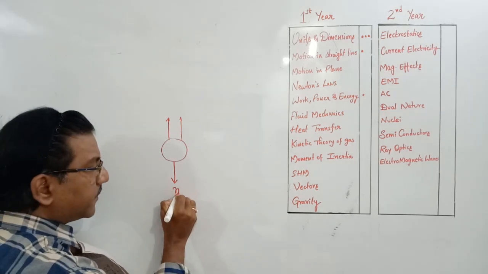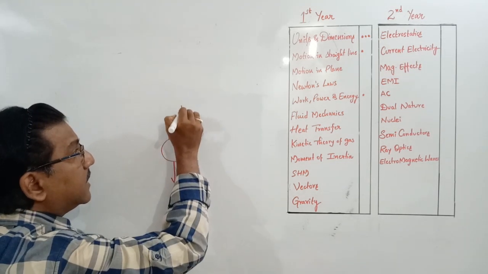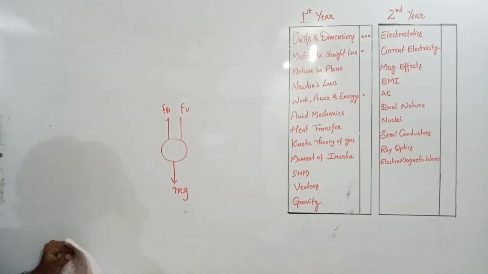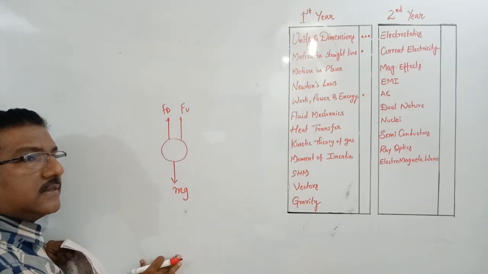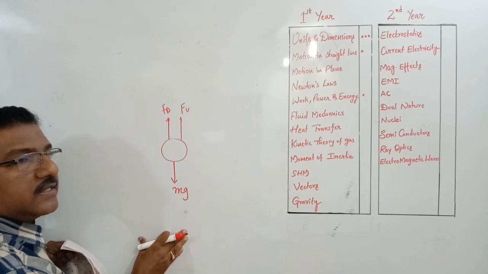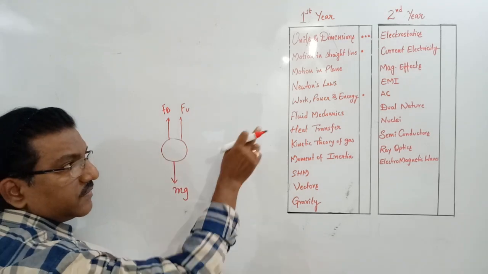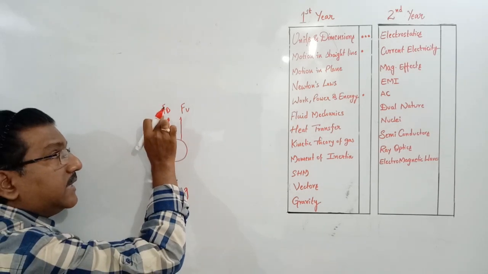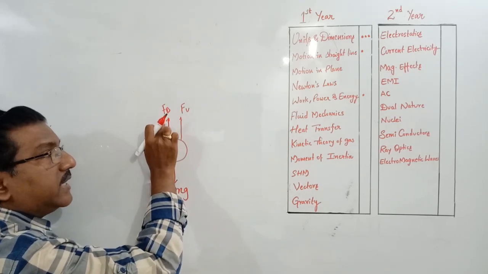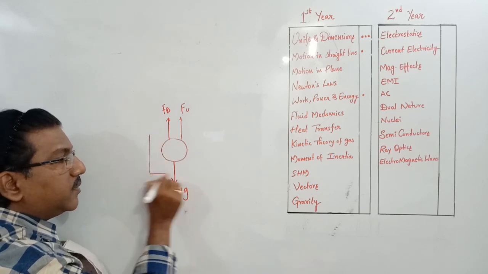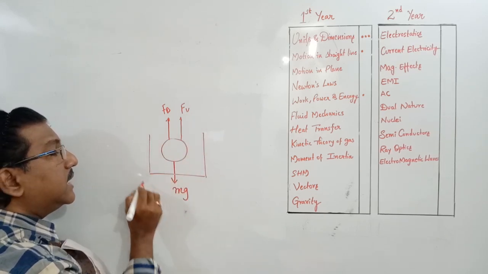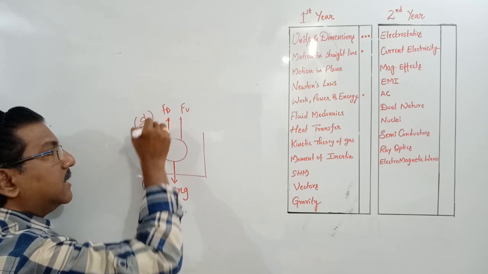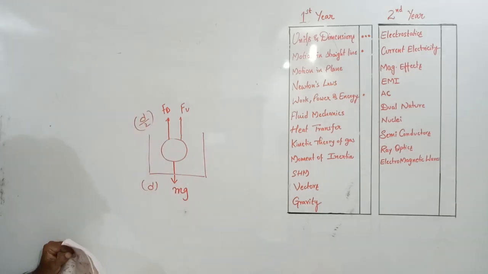You know, mg, viscous force, force of buoyancy, and it attains what you call terminal velocity. Only one question from fluid mechanics. It attains terminal velocity. If the density of that liquid where it moves with terminal velocity is half of the density of the solid material.